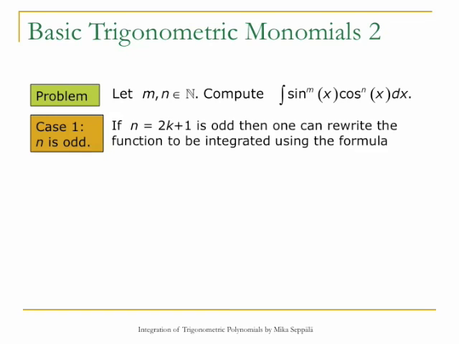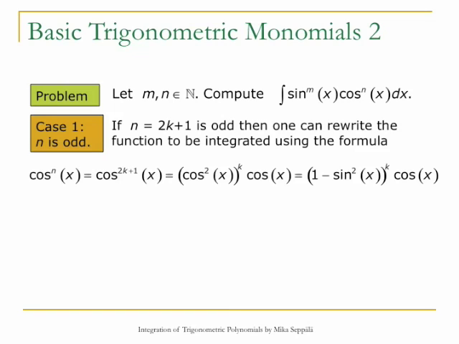And now if n is odd, then n is of the form 2 times k plus 1. And if that is the case, then we can rewrite the function to be integrated. Cosine to the power n x is now cosine to the power 2 times k plus 1 x, because n is 2 times k plus 1.